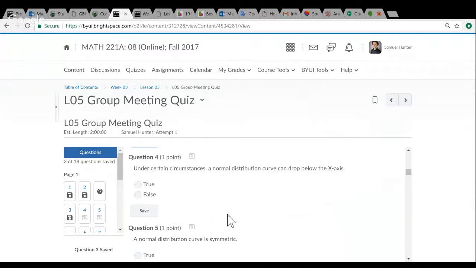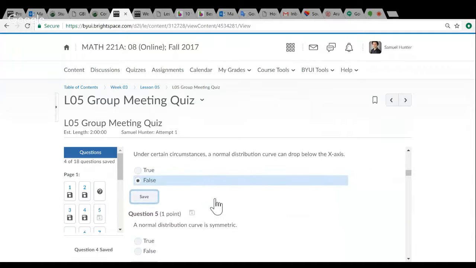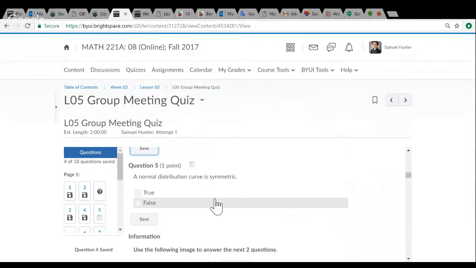Is that false? Yeah, that one's false. That is true. A normal distribution curve is symmetric. Is that true? Yeah, that one's true.